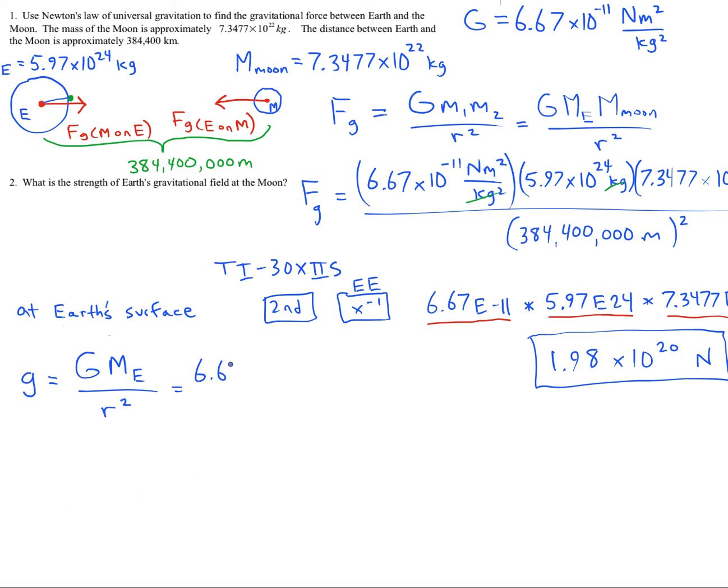We get 6.67 times 10 to the minus 11 Newton meters squared per kilogram squared. Multiply that by Earth's mass.